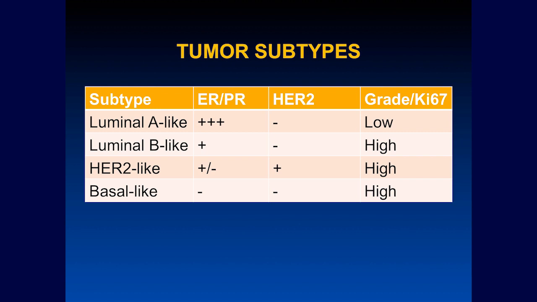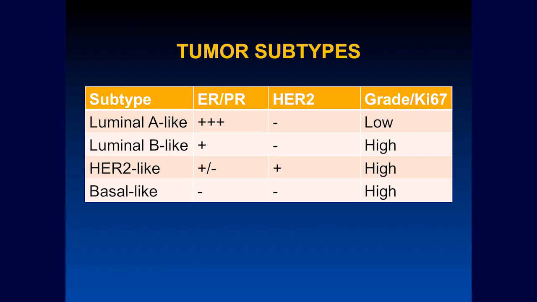Initially, these were decided based on the expression of estrogen receptor and progesterone receptor, that's the ER and the PR, and the expression of HER2 receptor, that's the human epidermal growth factor receptor. But later on, investigators broadly defined these breast cancers based on subtyping. And those subtypes imply the ability of the tumor to grow fast or to be indolent, slower growing.